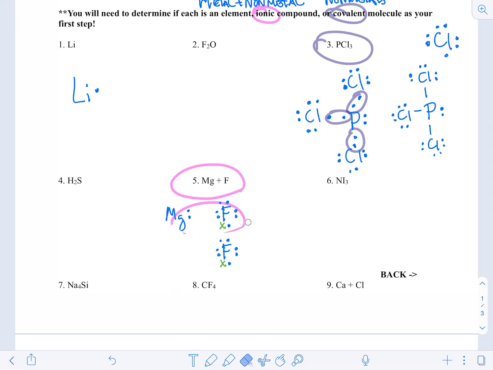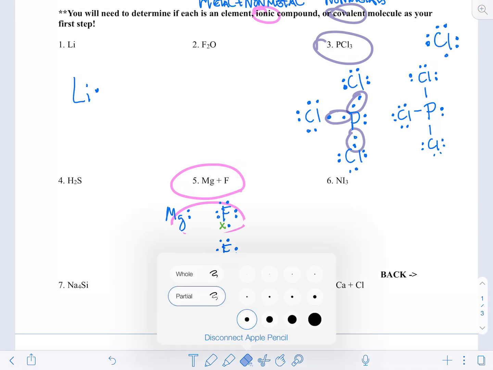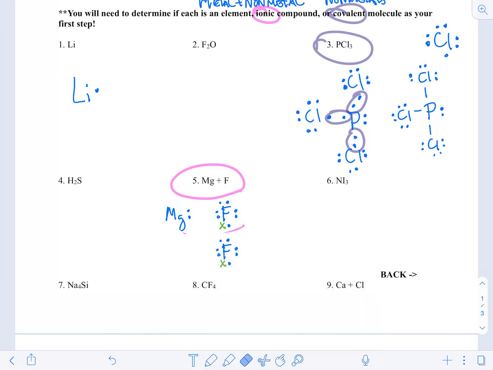And what's going to happen is, oops, sorry guys. I'm going to transfer 2 valence electrons to fluorine. And when I'm done, I'm going to have an ion.